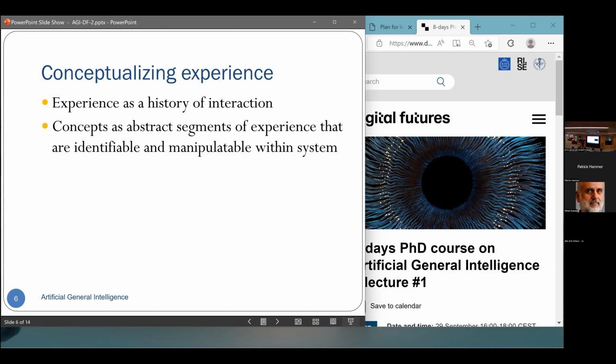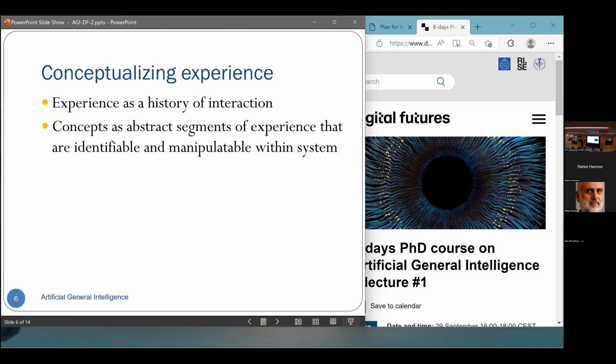But in our system, a concept is an abstraction of segments of experience. That is, first experience is a stream of interactions, and then you turn it into a concept. Roughly speaking, this goes through two major operations. One is segmentation.